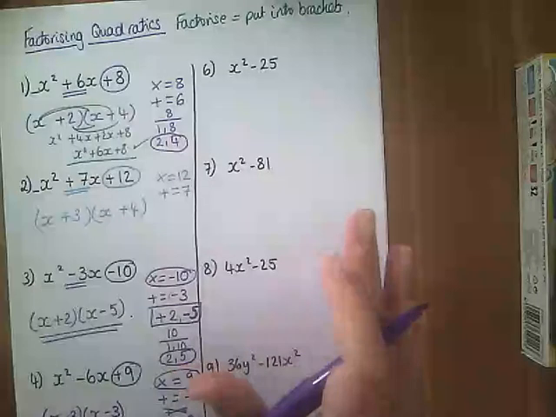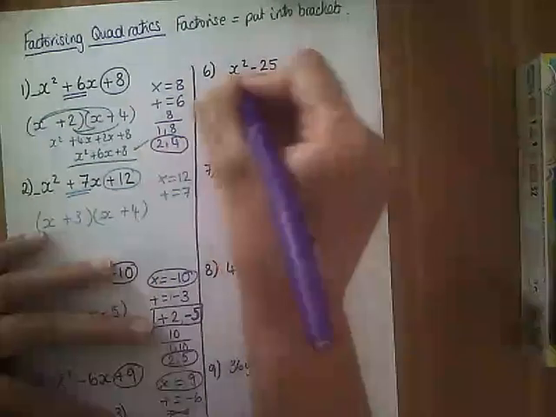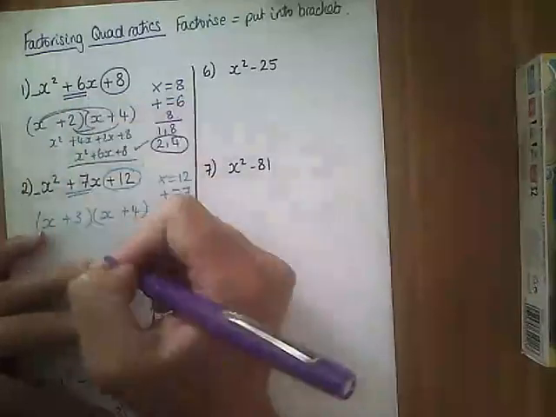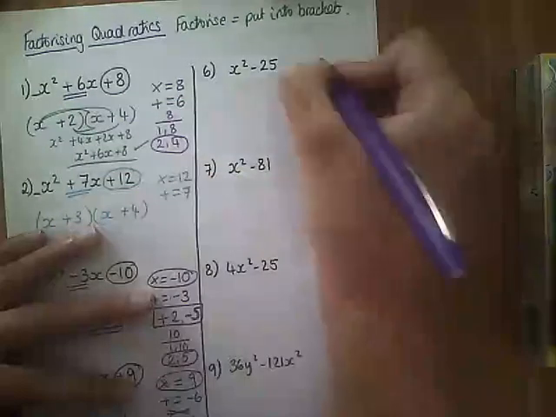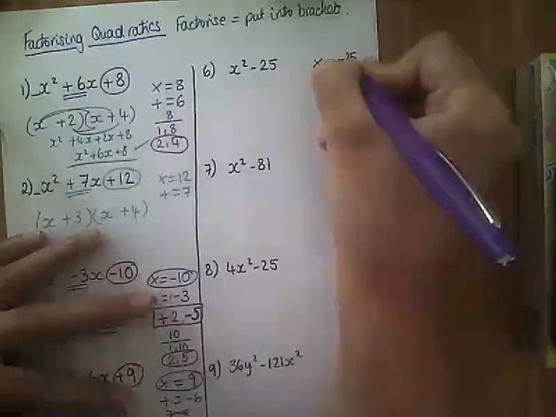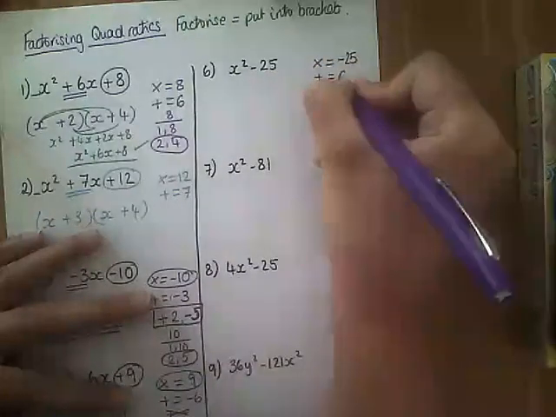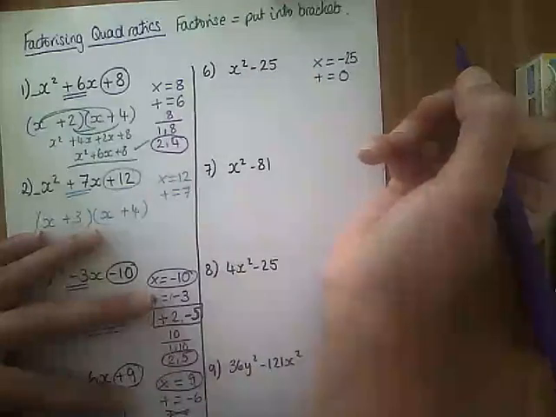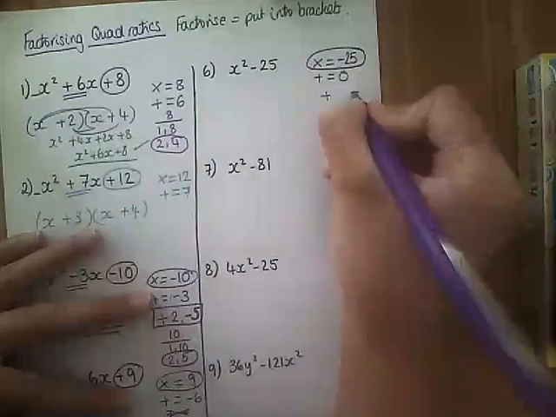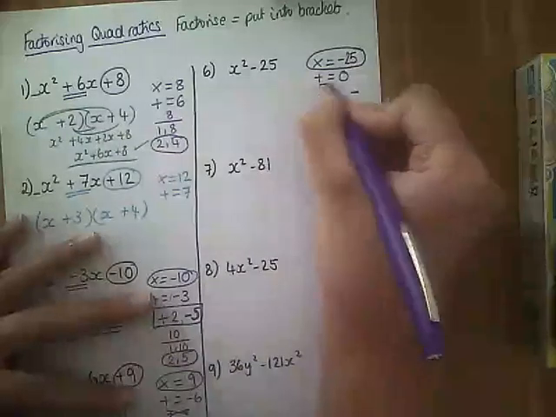Okay, right, the last bit I'm just going to show you is a very special case. So here, this is a quadratic, but obviously it doesn't have the x term in like all the others have had. Okay, but you can still think of it the same way. So I've got to find two numbers that times to get minus 25 and add to get 0, because that's the number in front of x. So if I'm timesing to get a minus, that must mean I need one positive and one negative, and I need them to be 0 apart.